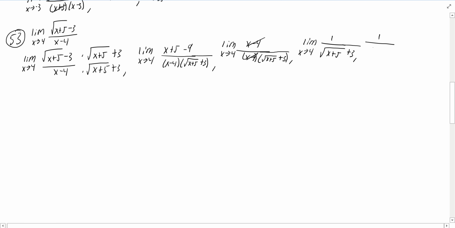So we're going to get 1 over the square root of 4 plus 5, and then outside of it plus 3. So we're going to get 1 over the square root of 9 plus 3, and that's going to just simplify down to 1 over 6, because the square root of 9 is 3, 3 plus 3 is 6, and we're going to end up with a result of 1/6.